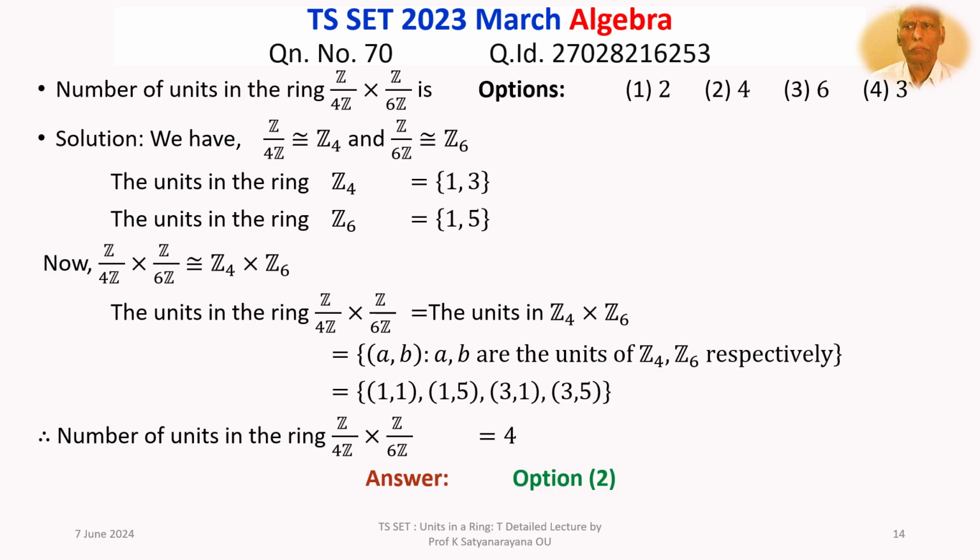And in this lecture we talked about units in an arbitrary ring, units in Zn, and zero divisors in Zn, and we have stated the important properties of them, and we have worked out 6 problems.